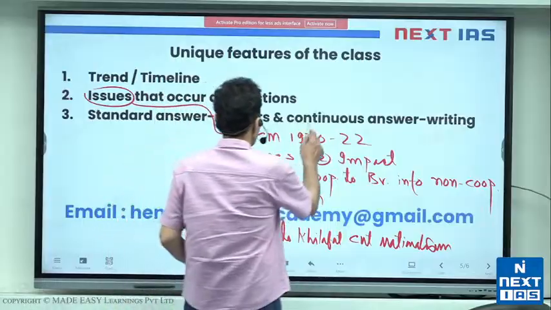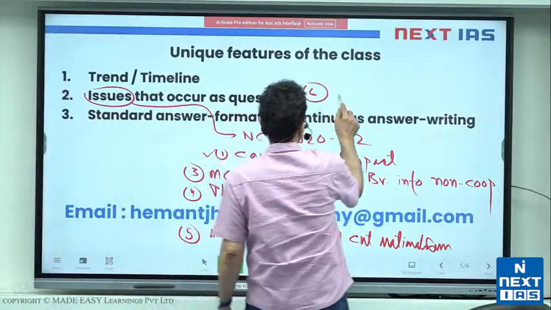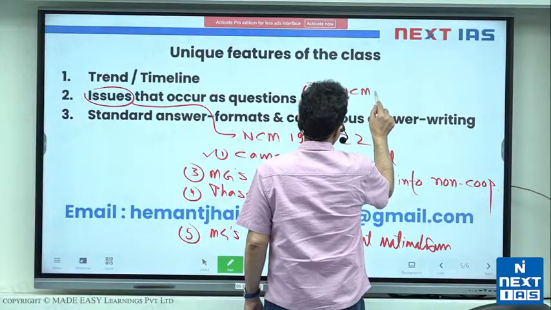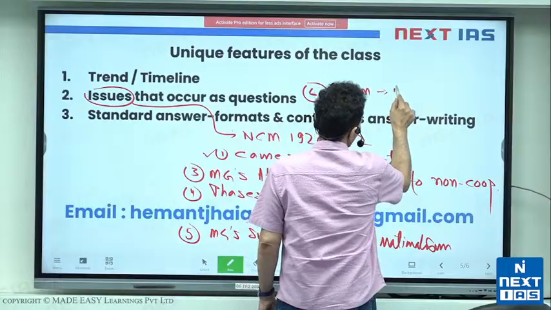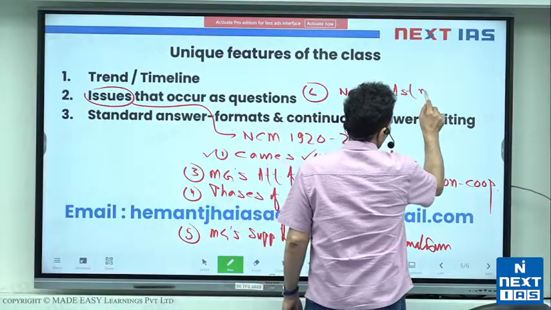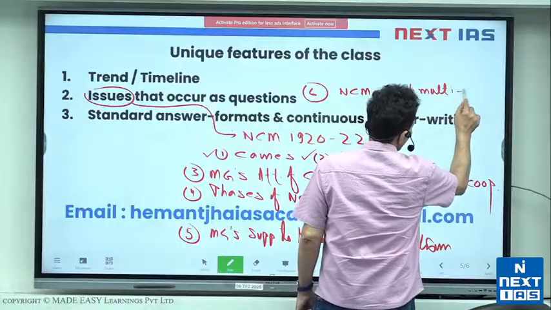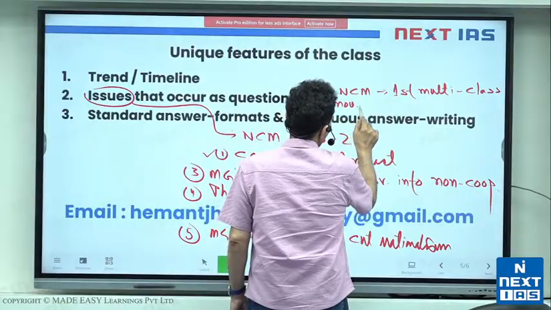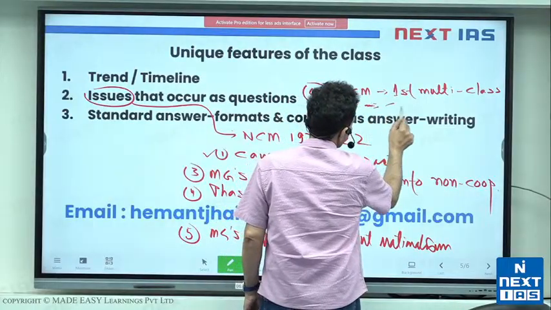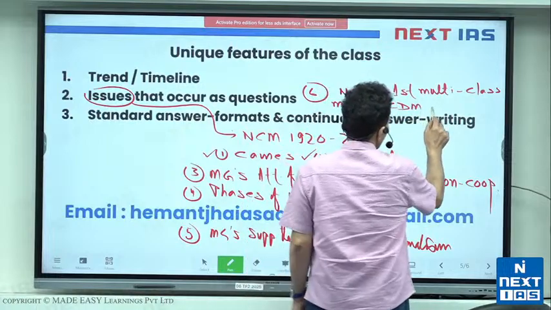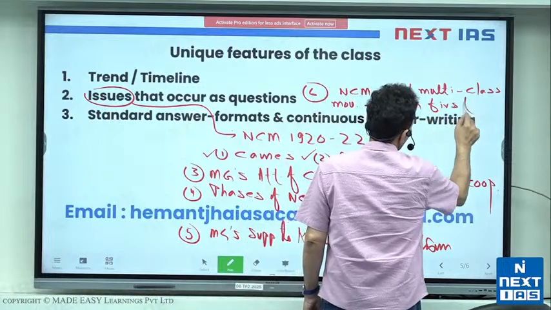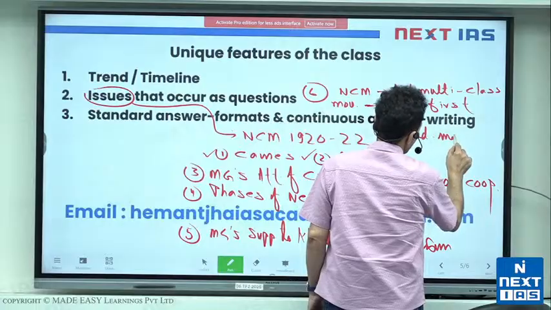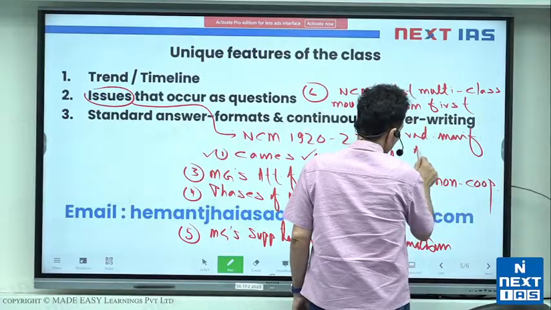For example, suppose 6: NCM, first multi-class movement, and CDM, first radical manifestation of that.